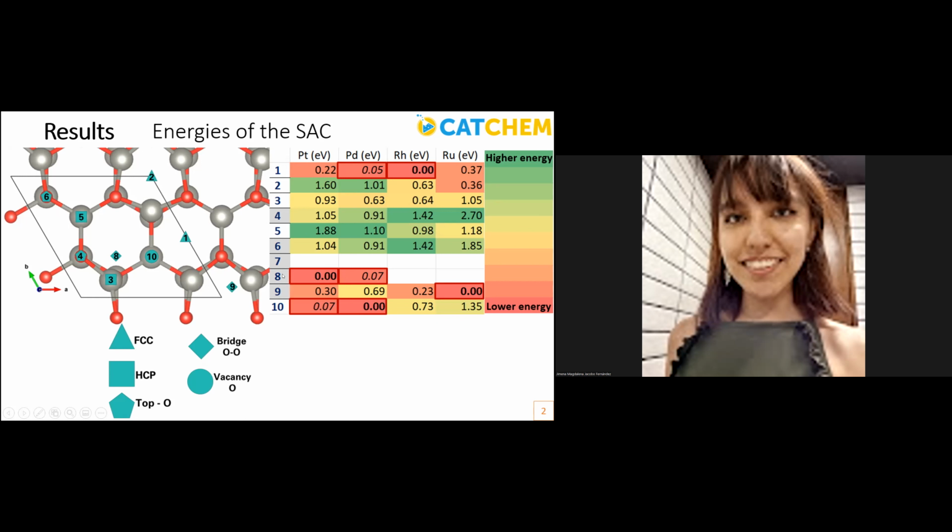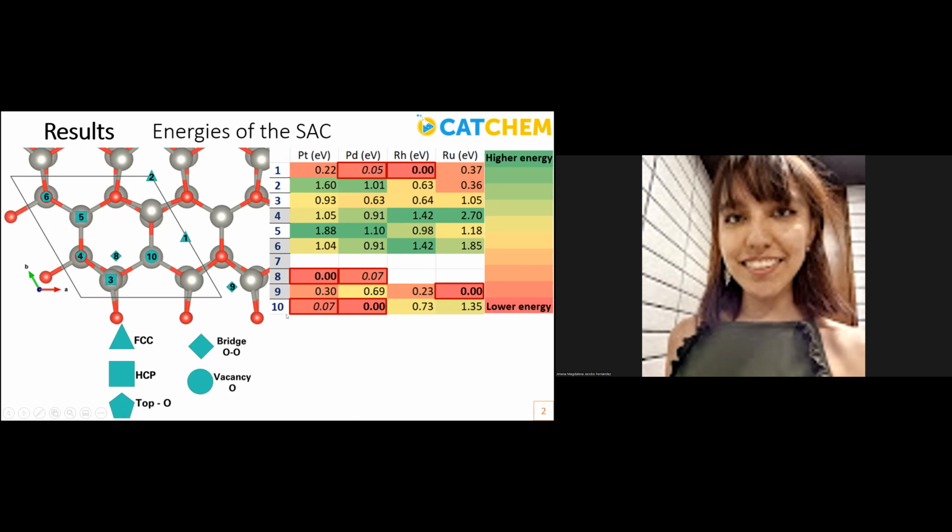From the 10 places where I adsorbed the metals, I only obtained 9 stable places. From these 9 stable places, I chose the ones with the lowest energy, which I mark here in red.